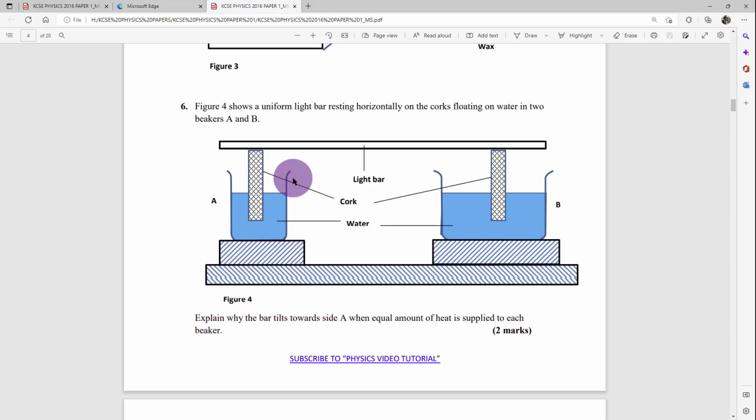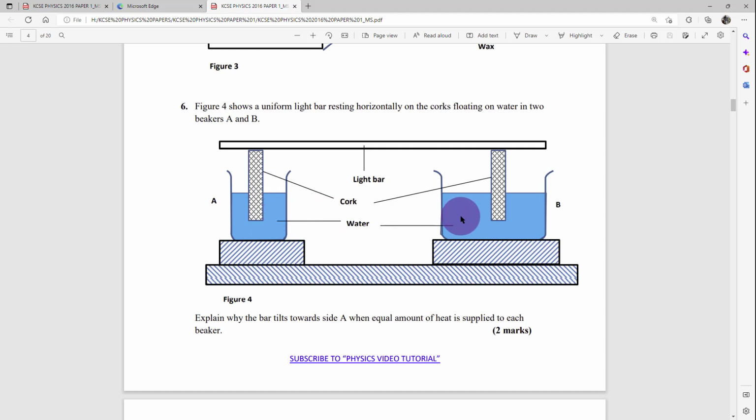Why does it tilt? This is about both amounts of water absorbing the same quantity of heat. When that happens, you'll find that because the water on the right is of large amount, we've got many kilograms of water here compared to here, there will be a small rise in temperature here compared to this one, because the amount of heat gained is the same.